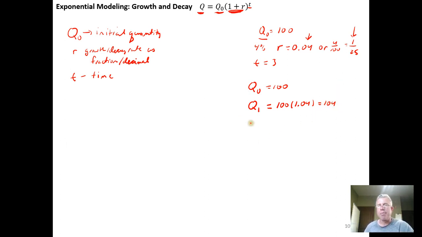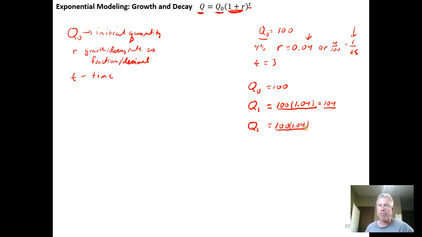To figure out how much money you had in year 2, what you would do is take the amount of money you got in year 1, the $104, and now this money grows. So you would take 104 and multiply it by 1.04 to figure out how much money you had in year 2. But the other way that we can think of 104 is as 100 times 1.04.